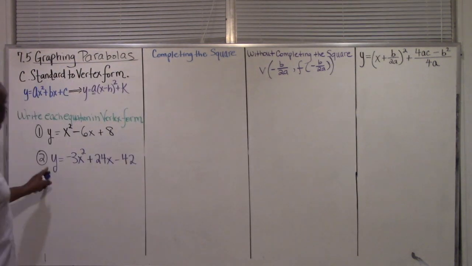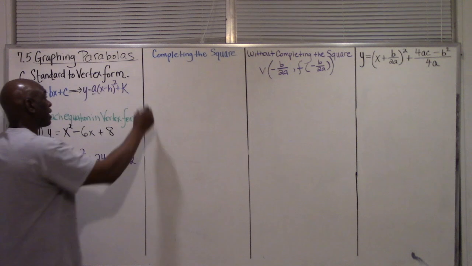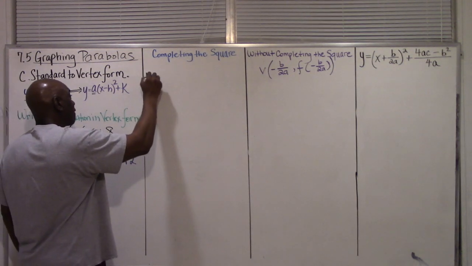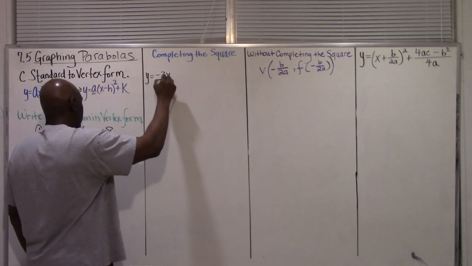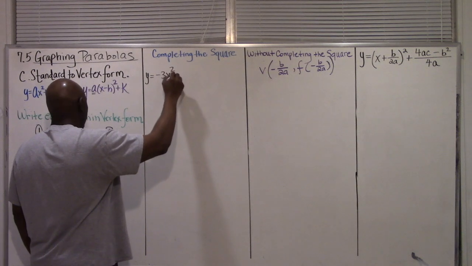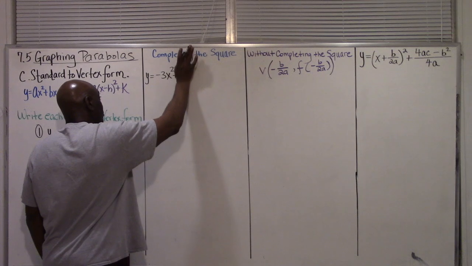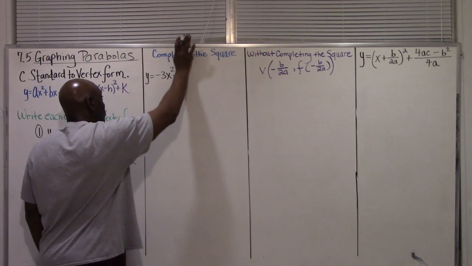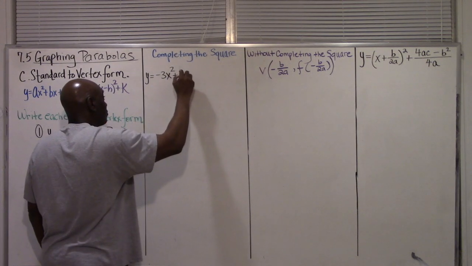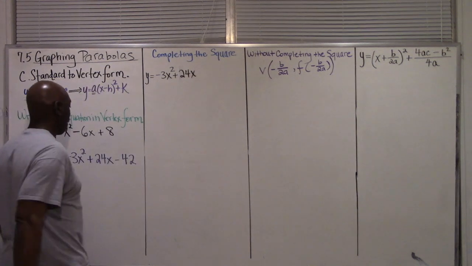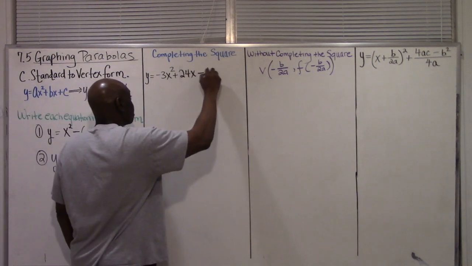Now we're going to do this one right here. We're looking at y equals negative 3x squared plus 24x minus 42.